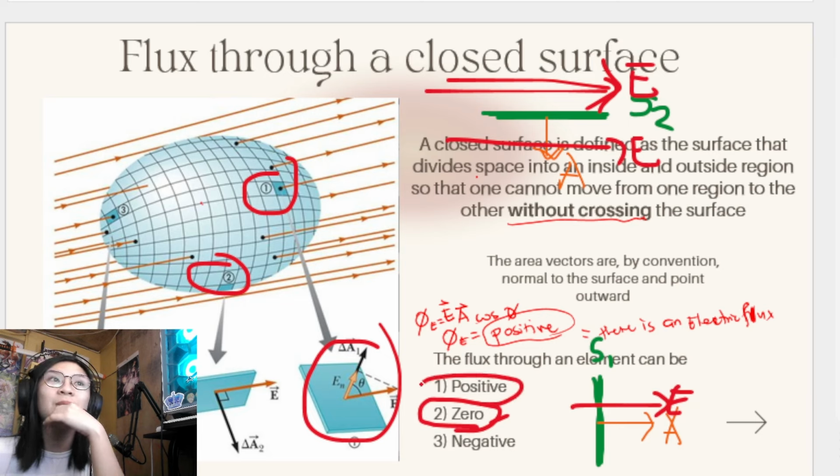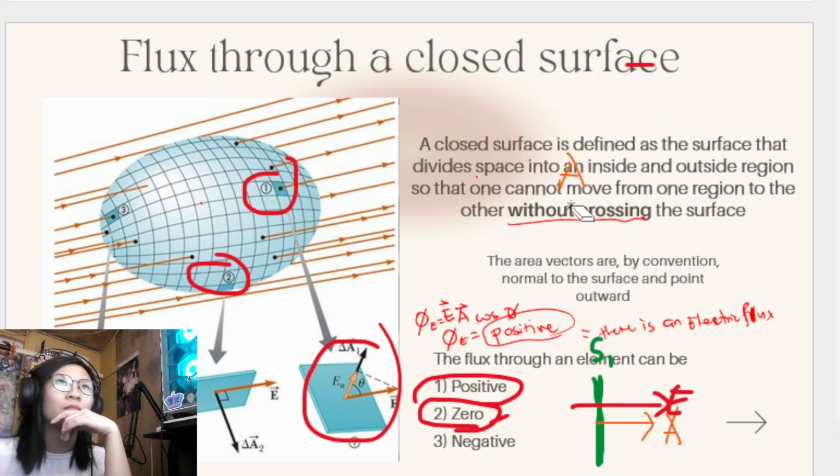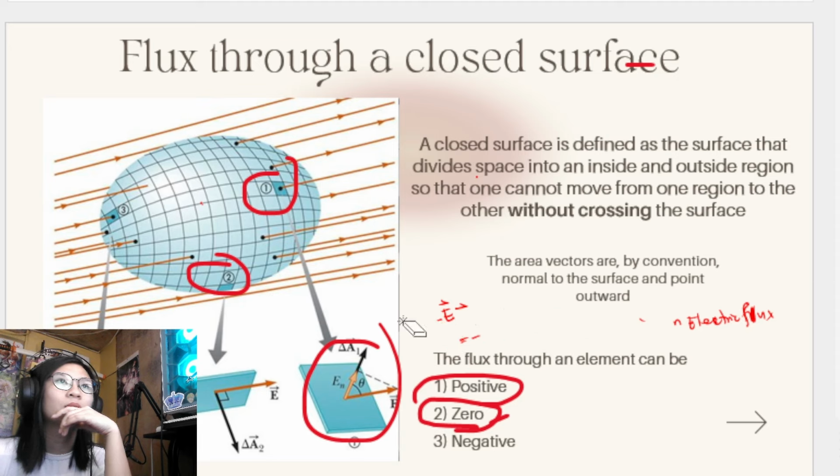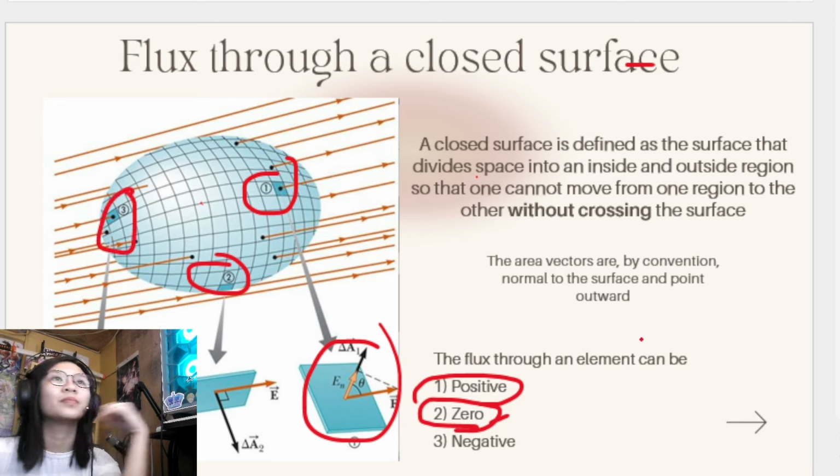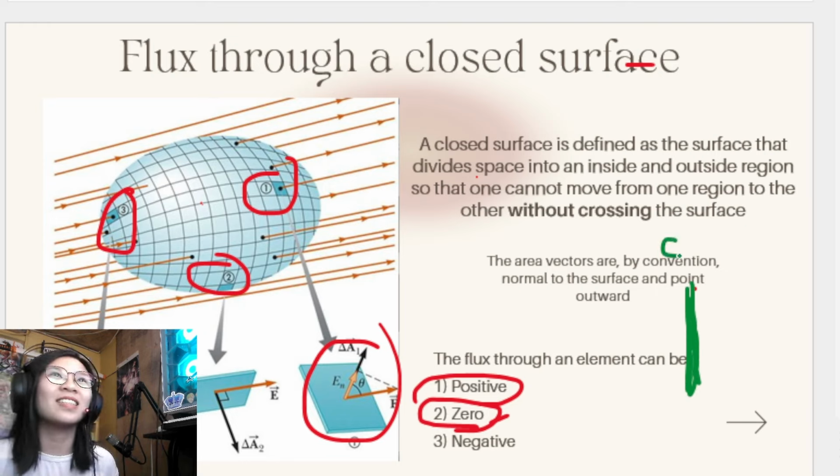So, S1 is positive, S2 is 0, but how about number 3? Let's look at number 3. 3 is going this way. This is the surface of 3, S3, or surface 3.